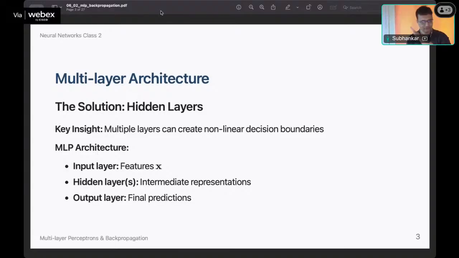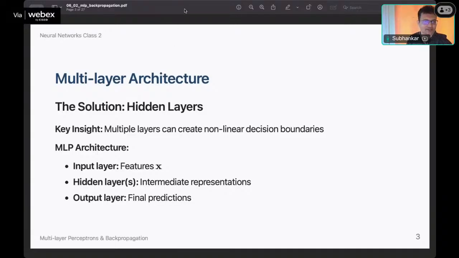I hope you are able to follow. One perceptron can create, let's say, one line, right? But we can use many such straight lines using multiple perceptrons. Every neuron makes a linear cut, but if we combine across them, it becomes non-linear, like a curve, the way you do piecewise linear operations.